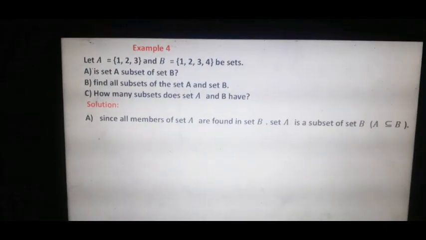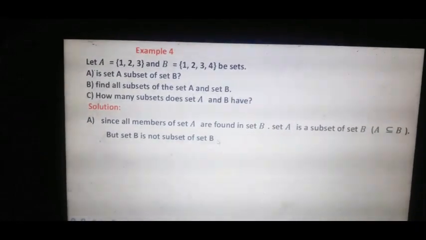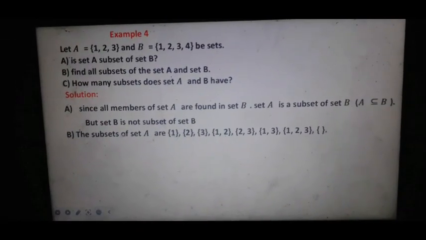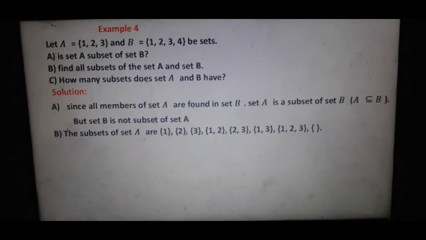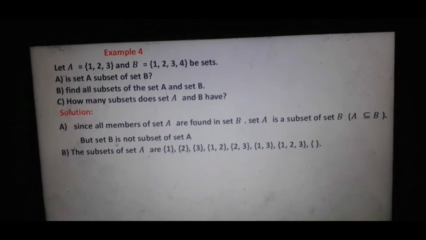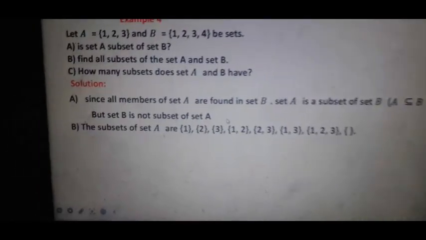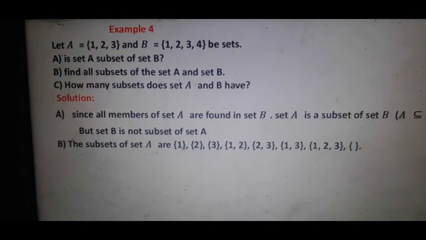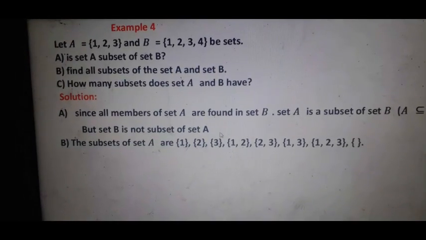But set B is not a subset of set A. Kanaaf B keessa kan jiran garuu guutumaan guututti A keessa hin jiran jechuudha. Kanaafiyyuu B is not a subset of set A. Kana jechuun B cita tuuta A ta'uu hin danda'u. Maaliif? B keessa 4 A keessa hin jiru waan ta'eef.